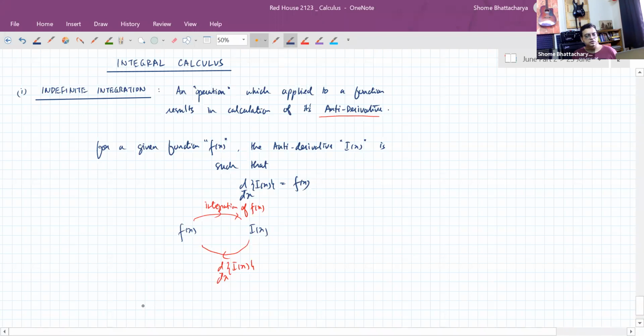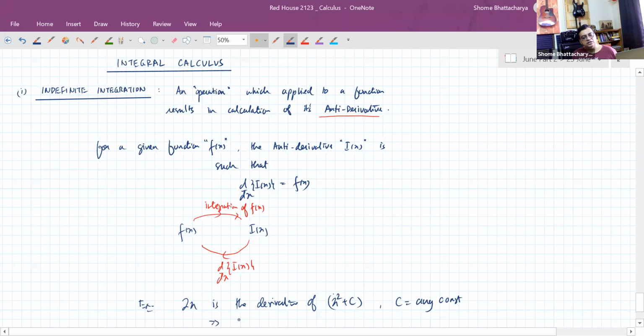For example, we know that 2x is the derivative of x square plus c, where c is any constant.